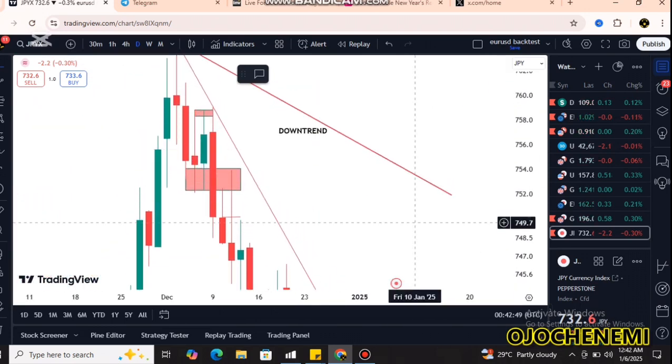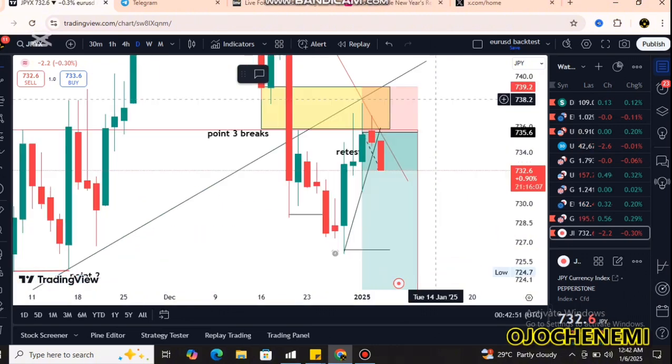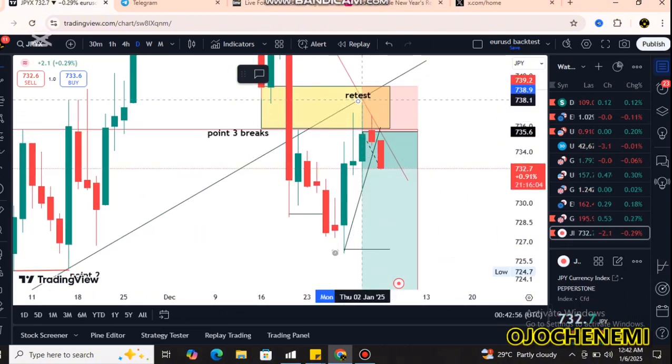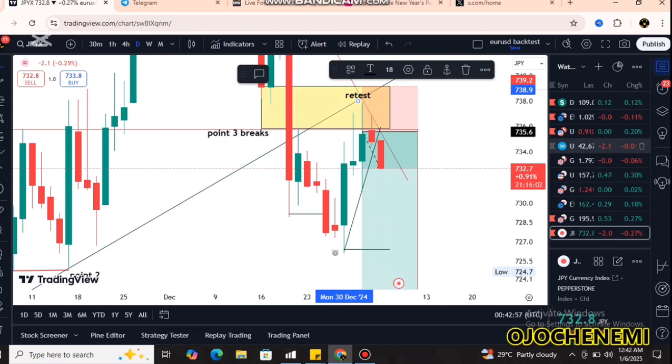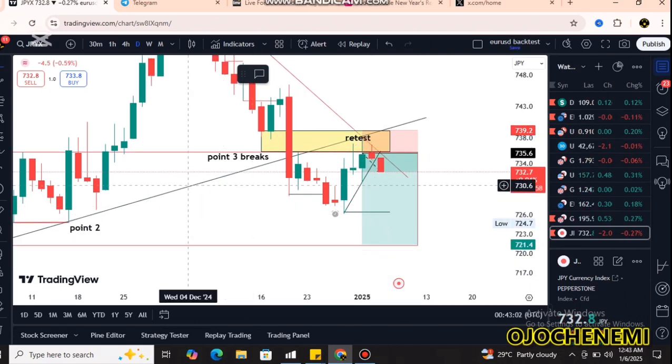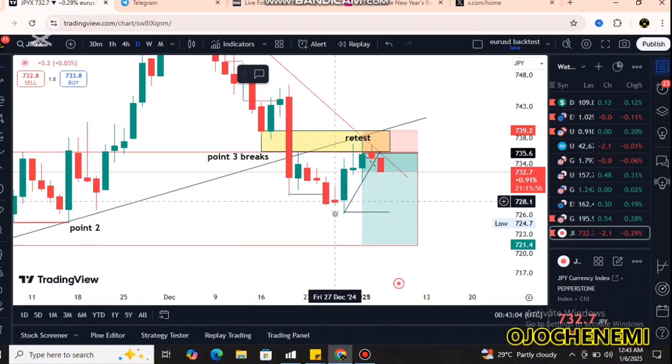So how is it a retest? This support trend line, you can see that it is broken. The market went down, made a high, made a low, sorry, went back up there to retest exactly on the line. You can see on this my support line that it has retested.